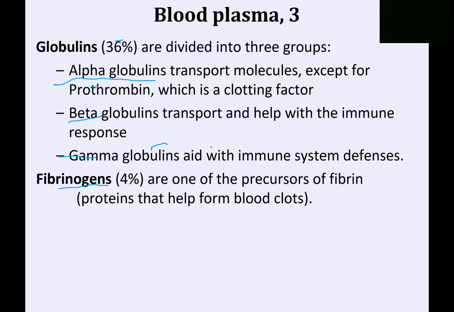Prothrombin has a prefix that indicates it's an inactive protein that has to be altered before it can do its job. So three kinds of plasma proteins: fibrinogens, globulins, and albumins.